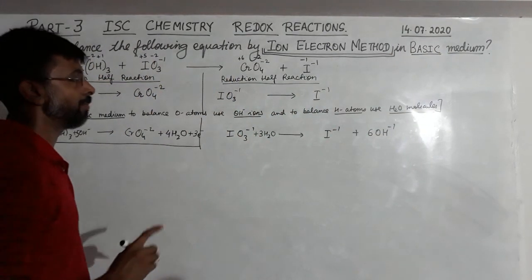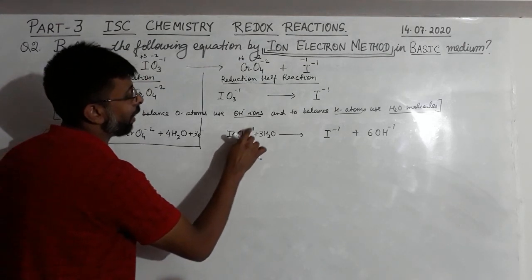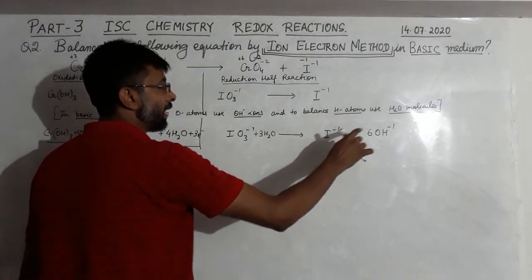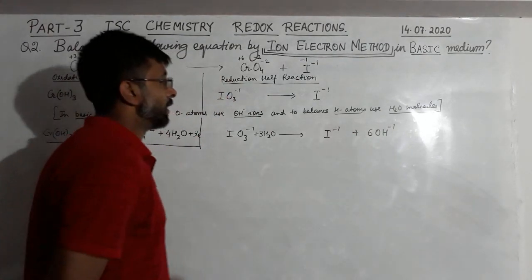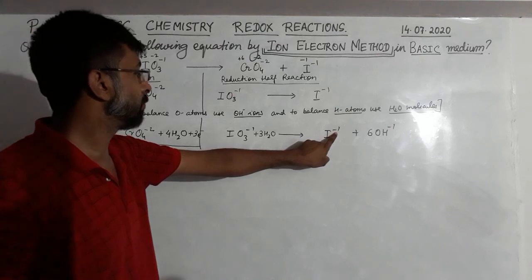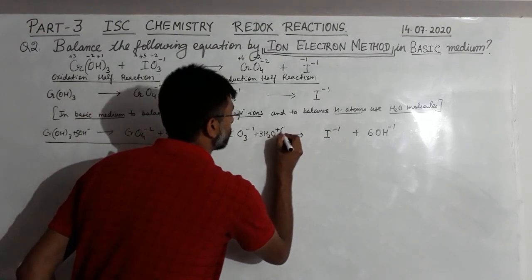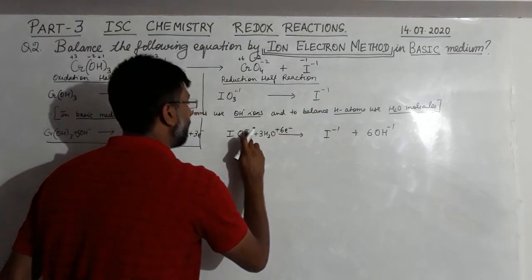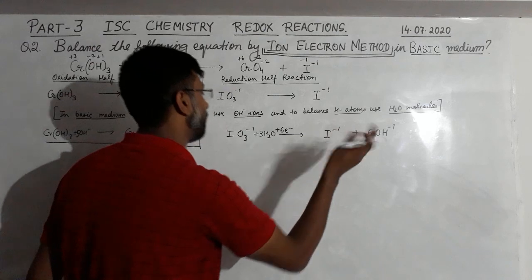Now the charges, I must balance the charges. On the left hand side, there is minus 1 charge. On the right hand side, 6 negative plus 1 negative, 7 negative. Here it is only minus 1. So I have to add over here 6 electrons. 6 electrons plus 1 negative becomes 7 negative. Now it is balanced.